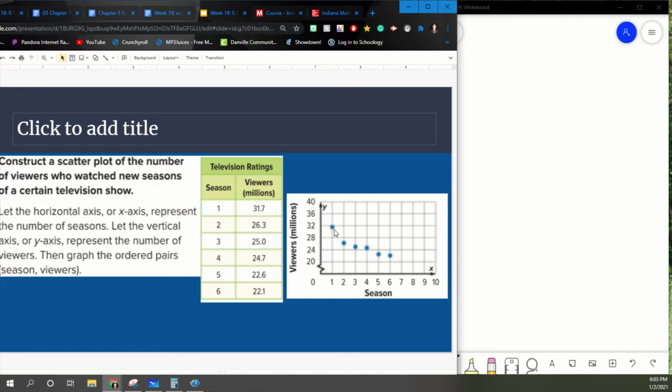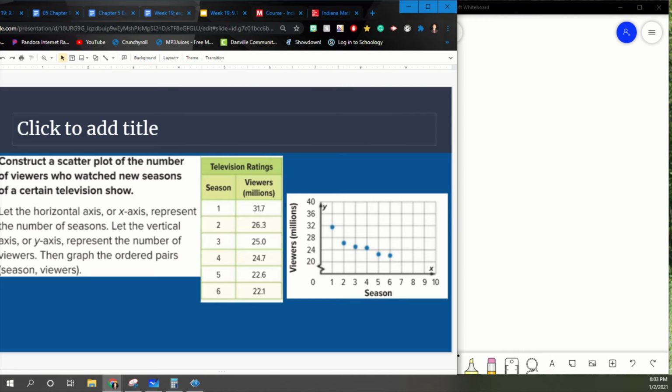So on and so forth. I would continue doing that. You see this is right where I was pointing with my cursor. And keep doing that, and then we can see a trend. That's what we really want to see with scatter plots. We can see that it has a trend of a negative slope, and we call that association. We'll talk about different types of associations in a second.